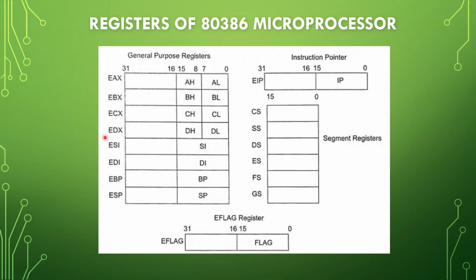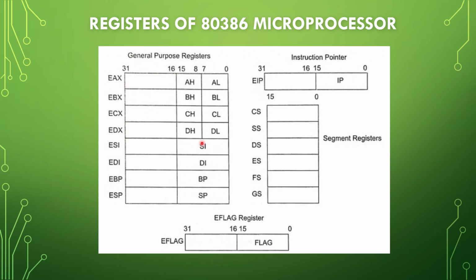Now comes DX, the data register. Here also we have lower and higher parts. Next we have ESI. SI means source index. It is a 16-bit register. Now comes DI, that means destination index, which is also a 16-bit register.